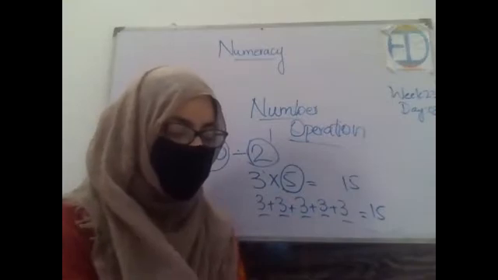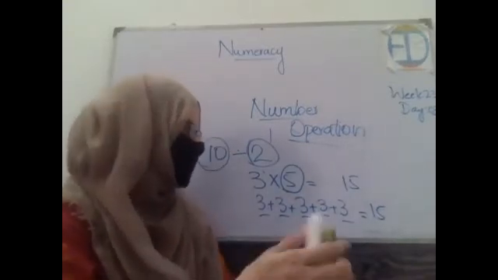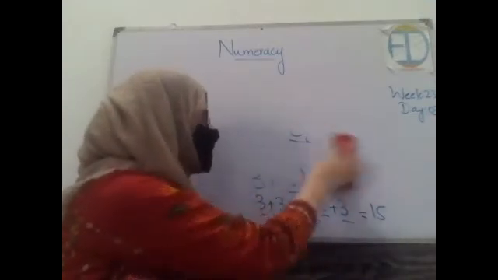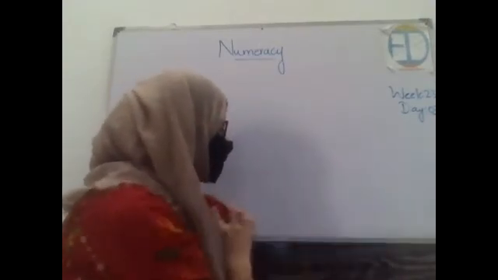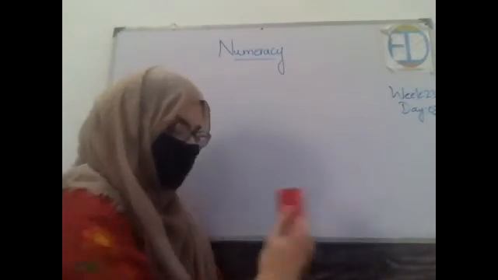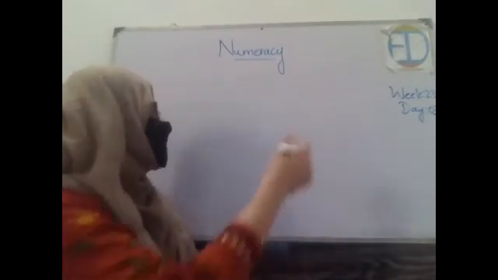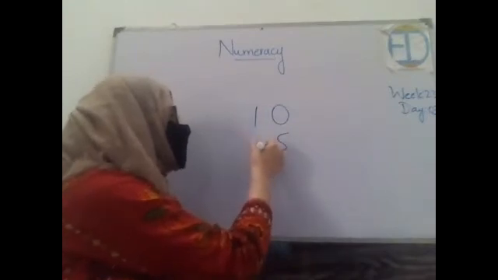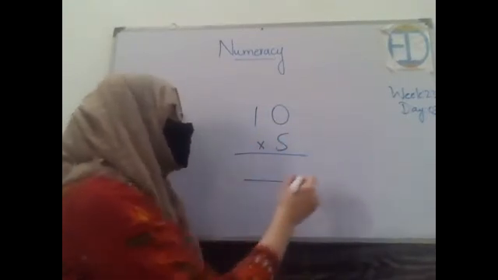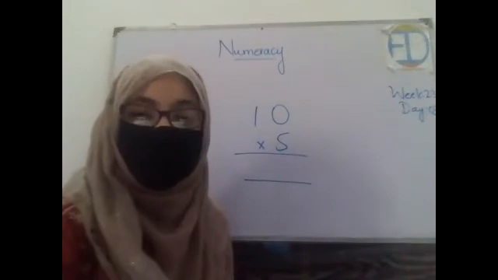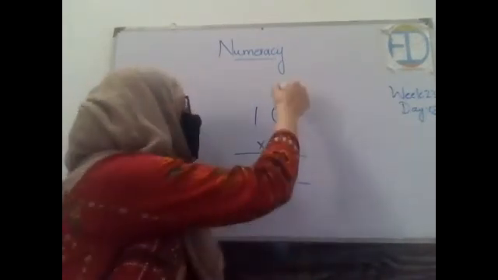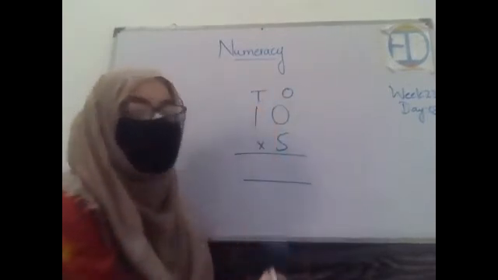So I want all of you to please take out your notebooks and let's start practicing multiplication and division. Okay, so let's say I ask you what is the answer of 10 times 5. Over here as well, we will be using the place value signs, ones and tens column. Why are they important?